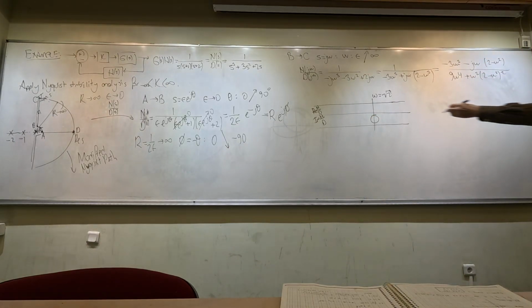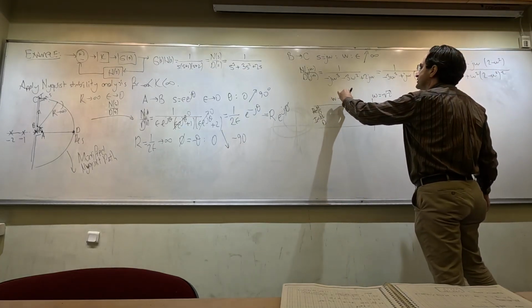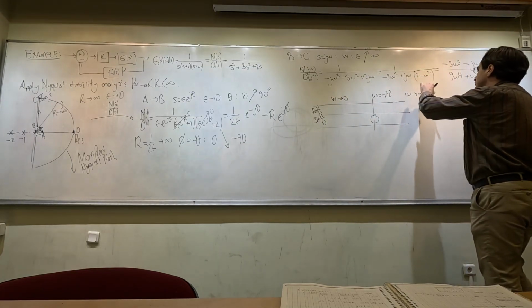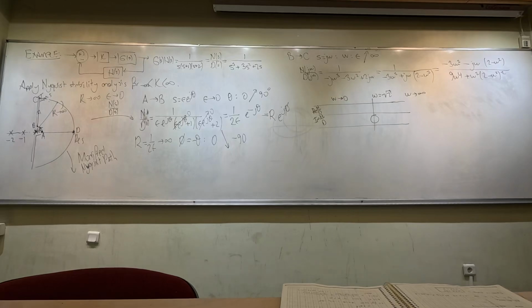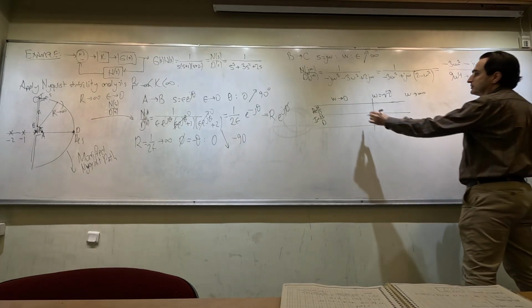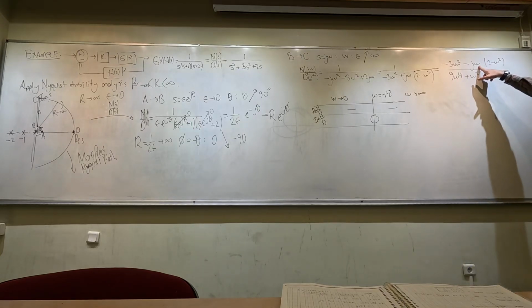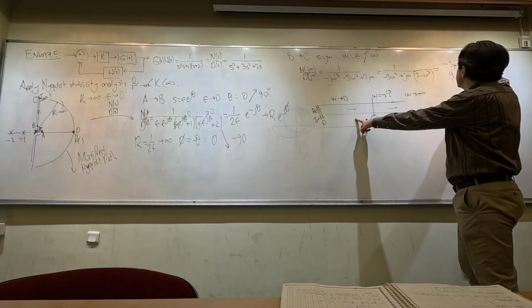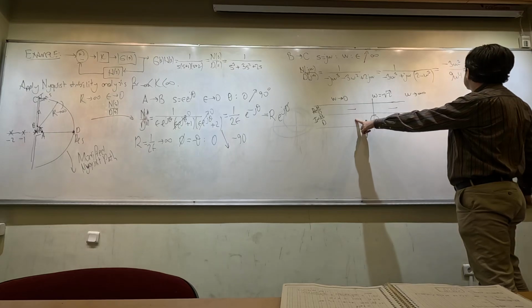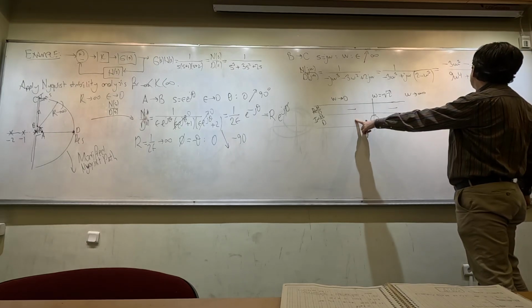So now this part represents omega going to 0, and this part represents omega going to infinity. Okay? So now let me put some signs here. The real part is always negative. And if I look at the imaginary part, what can you say about the sign when omega is smaller than square root 2? What is the sign in such a case?